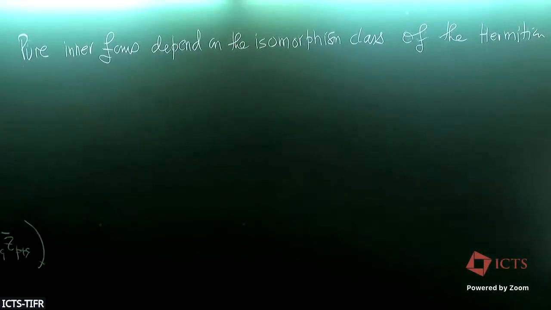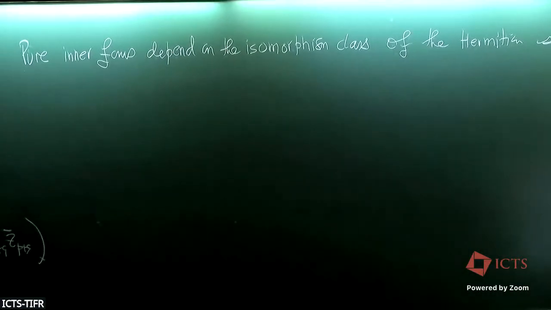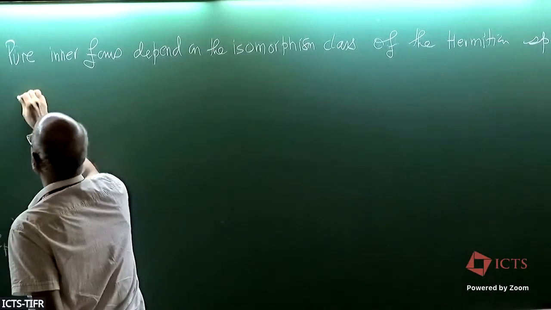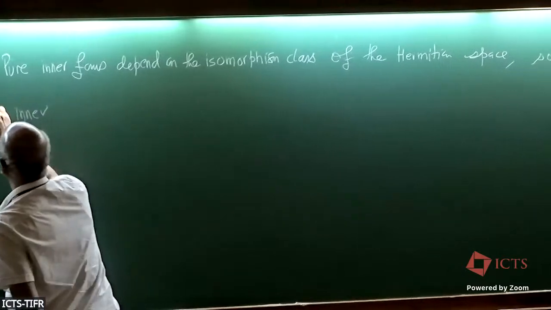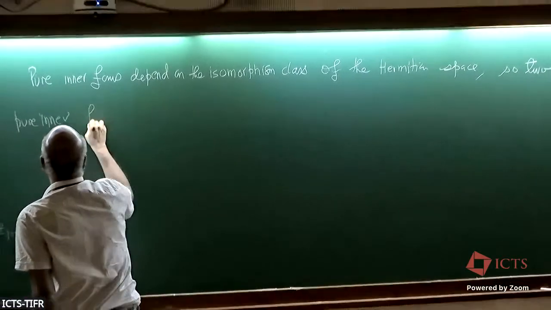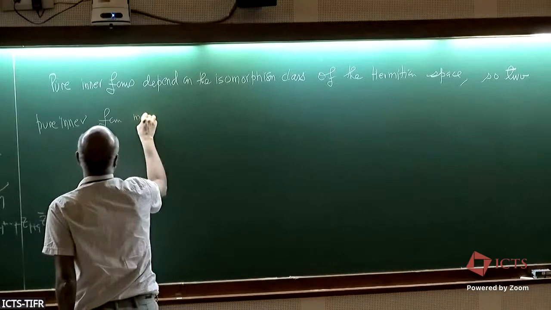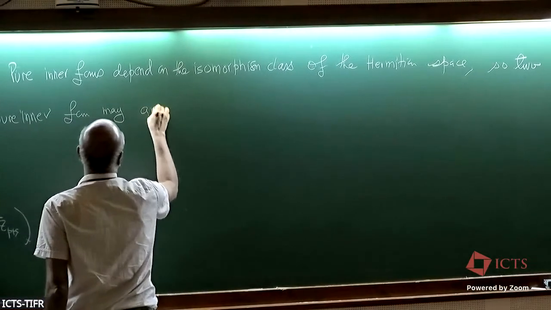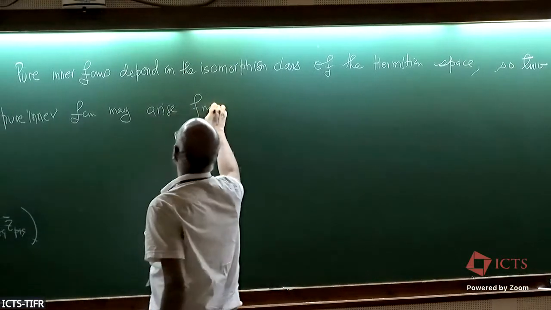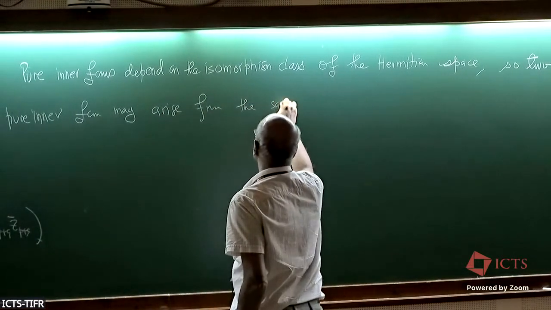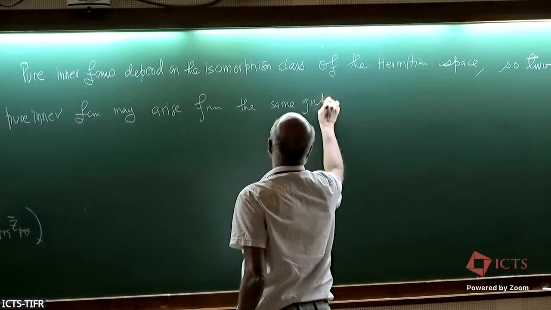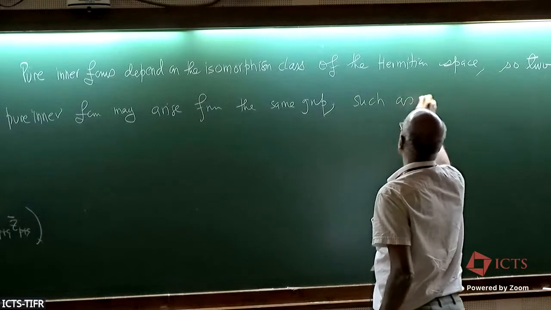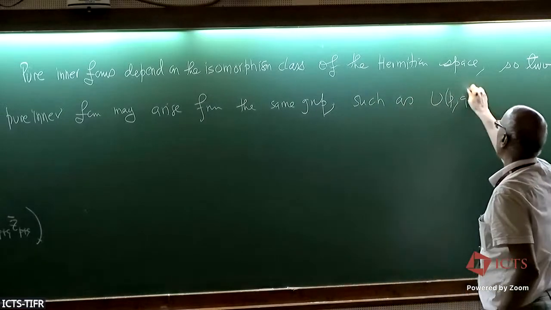So two pure inner forms may arise from the same group, such as U(p,q) and U(q,p).